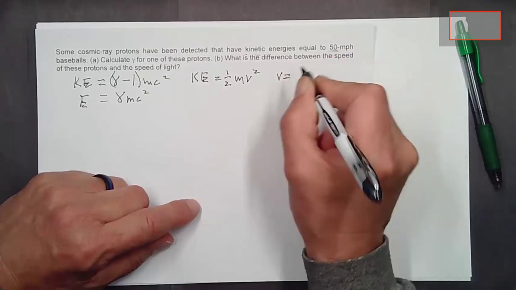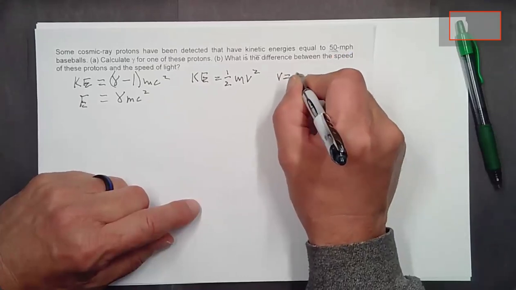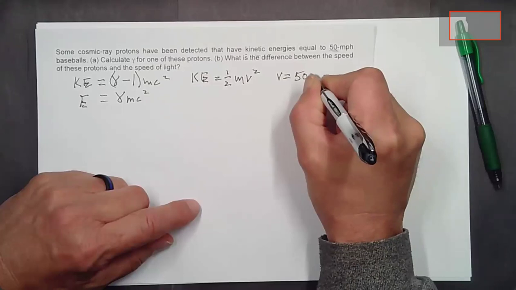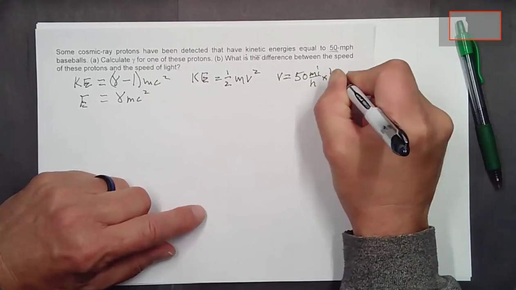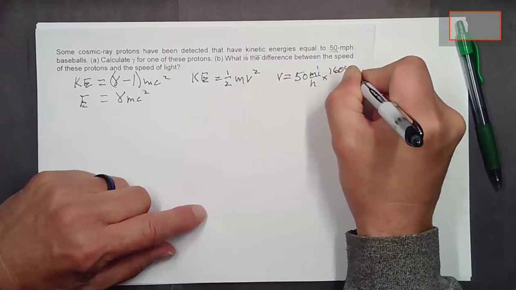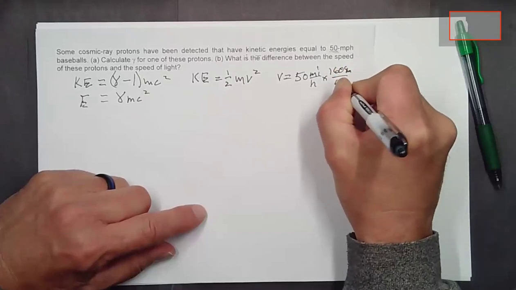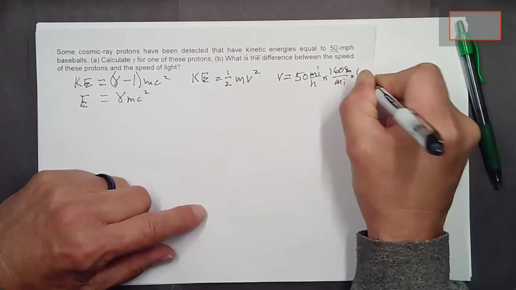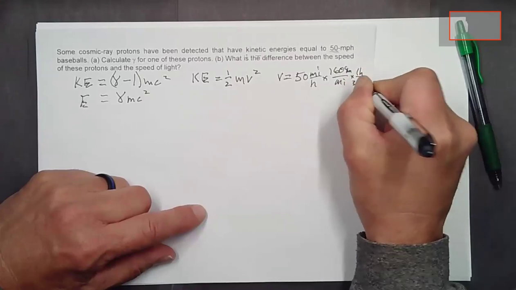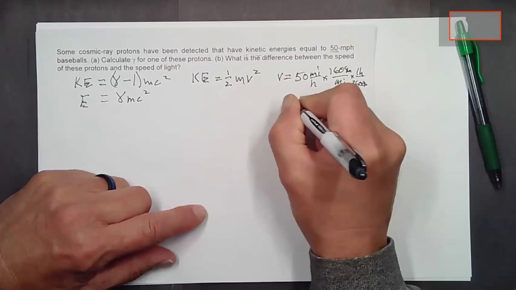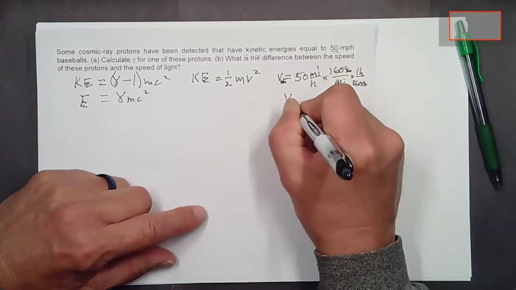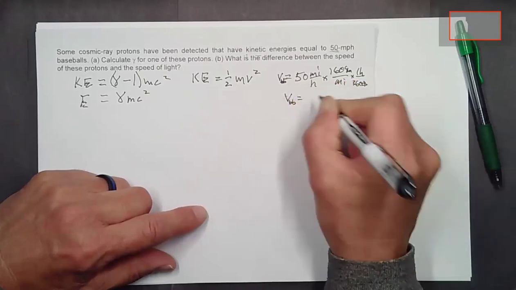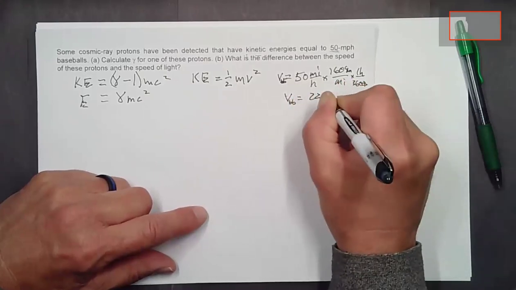If it's two significant figures anyway, if you just do this, 50 miles per hour times 1,609 meters per mile times 1 hour over 3,600 seconds, the velocity, I'll call this v sub bb, is about 22 meters per second.